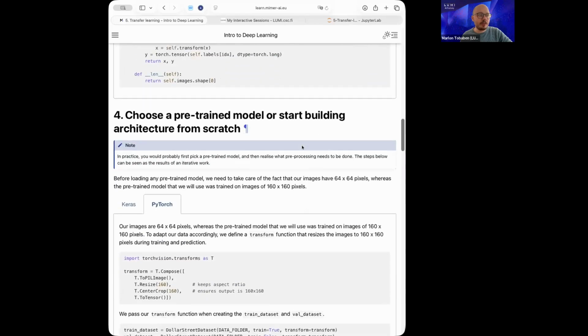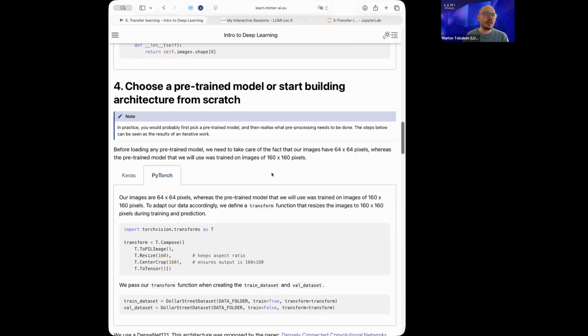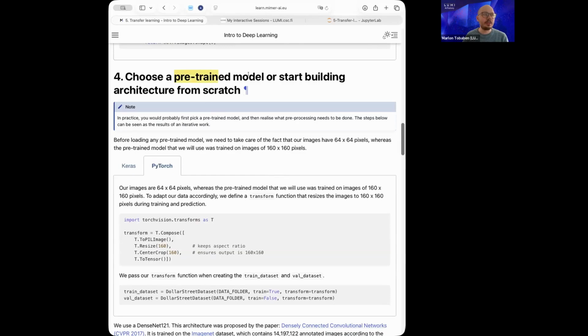So I'm for now going to continue in this, but soon when we go to the training, we're going to swap to the Jupyter notebook again. But now, when we start using a pre-trained model, it's not necessarily the case that every pre-trained model fits our data immediately.